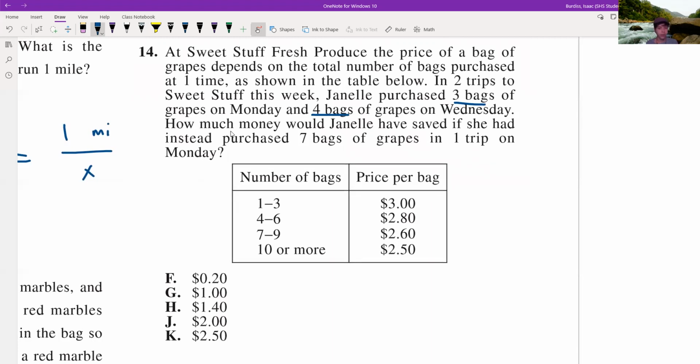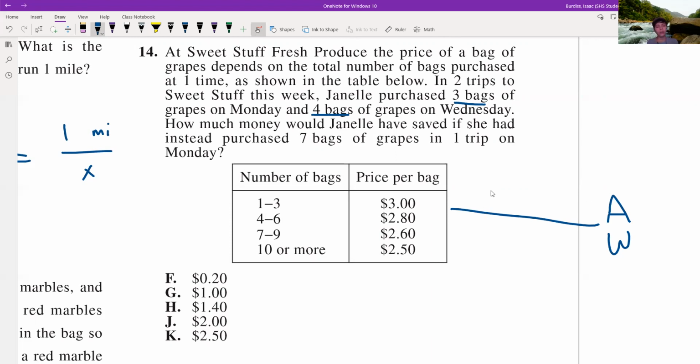So she does 3 and then she does 4. How much money would she have saved if she did 7 bags in 1 trip? Oh, okay, let's see. Let's just do A for actual and W for would have, and the difference between the two will be the answer choice.